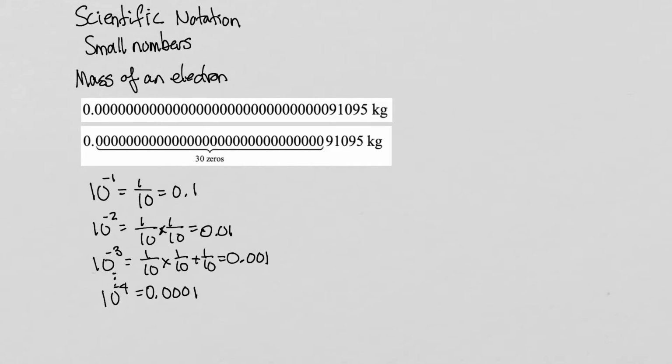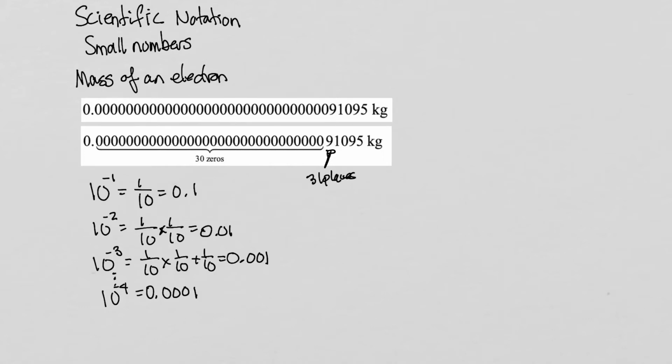Now, in this number right here, we have a 9, and just to get to that 9, we're going to have to go how many places? That 9 is going to be located, what, 31. So we're going to have to go 31 places just to get to that 9.